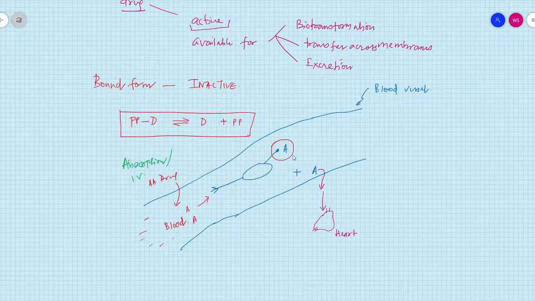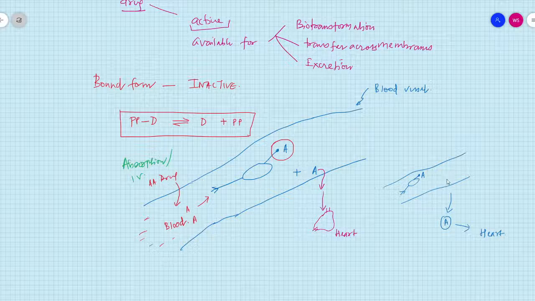The bound form remains in the blood. Suppose it has gone to the heart. Now we have this blood vessel, this plasma protein bound to the drug A, and the free drug has entered into the tissue and gone to the heart.